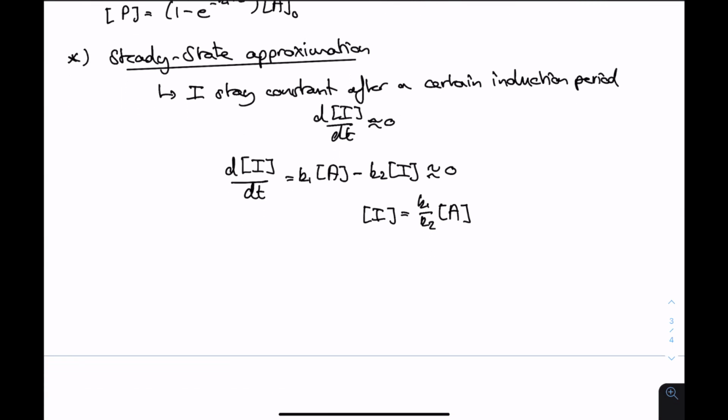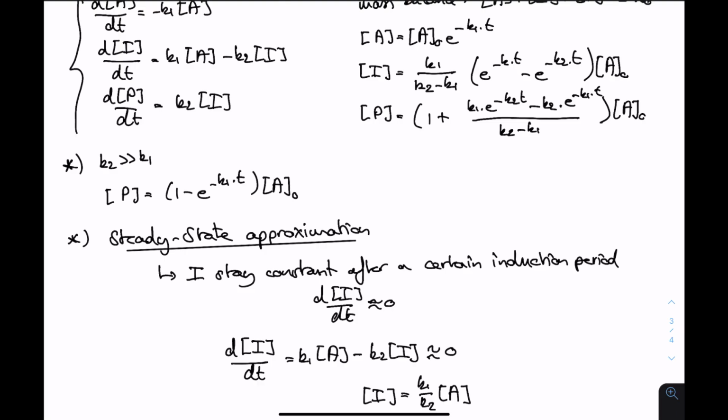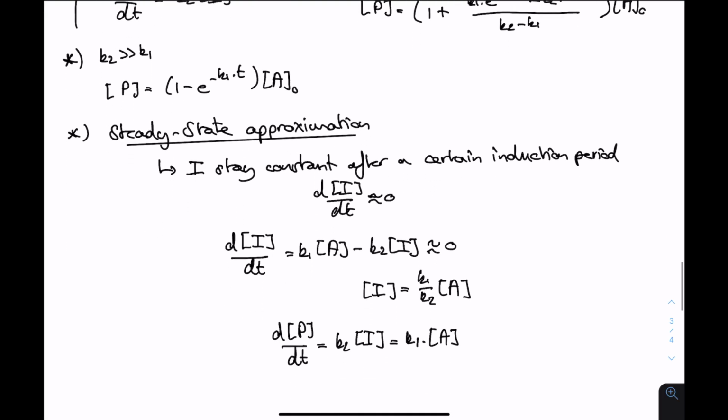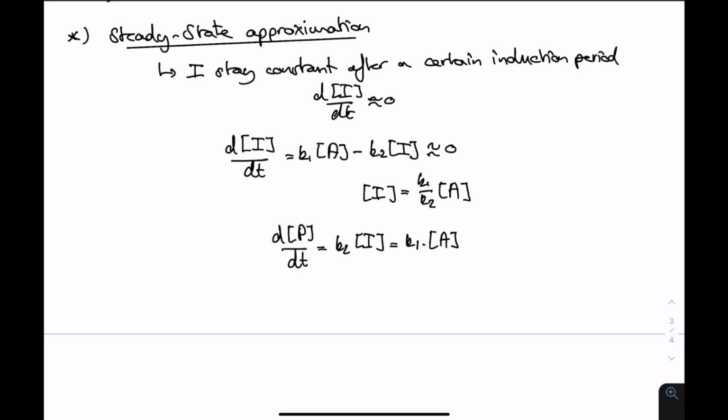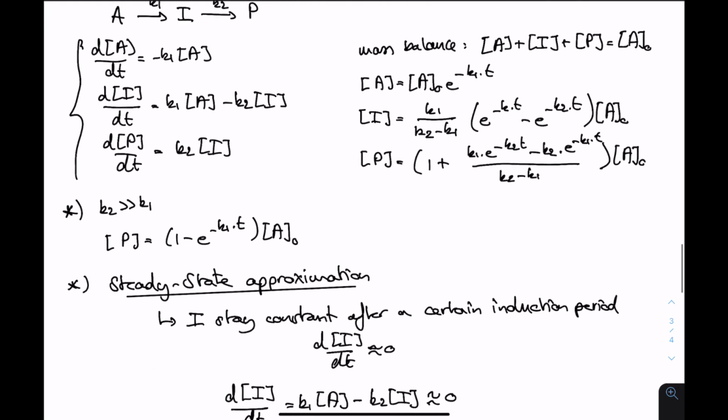Right? And then for the product, dP/dt is K2 times I, which is K1 times A. Okay, so we know from here, right, that dA/dt is minus K1 times A, and the integrated form, just to remind you again, is A0 times e to the minus K1 t.